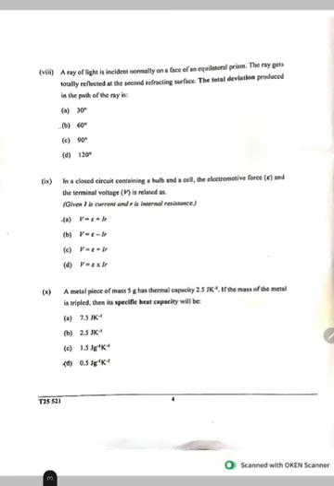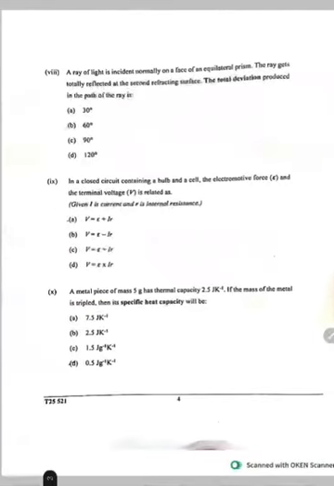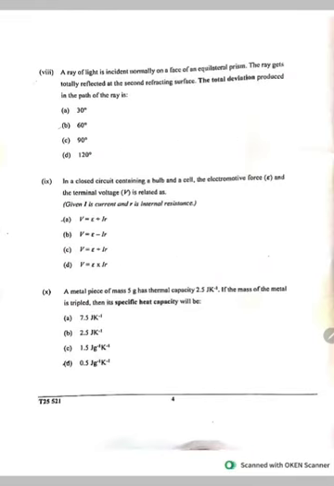Now come to question number 8. It says that a ray of light is incident normally on a face of an equilateral prism. The ray gets totally reflected at the second refracting surface. The total deviation produced in the path of the ray is?